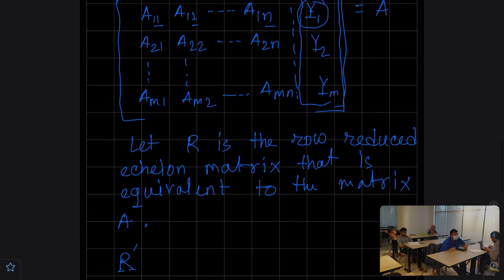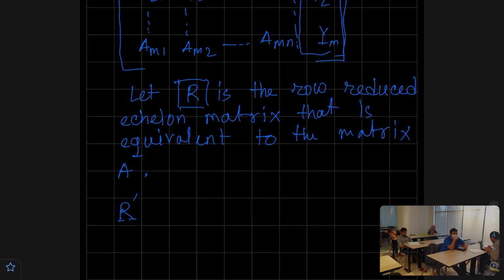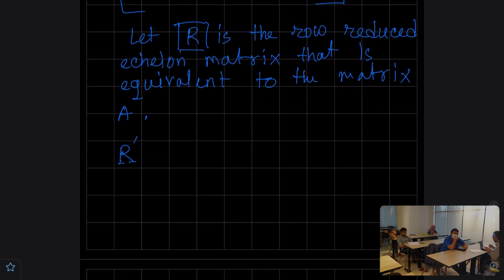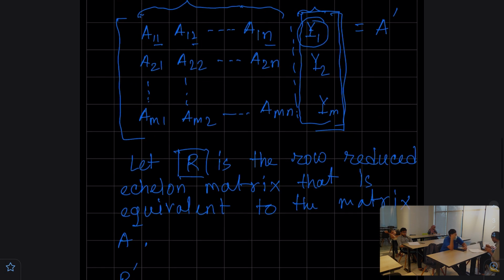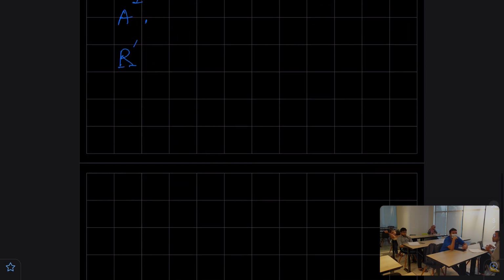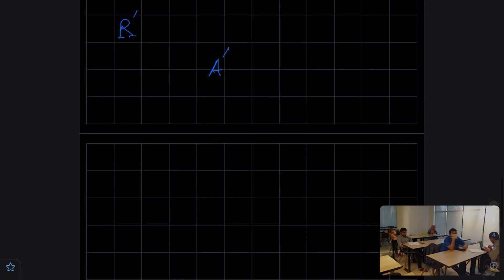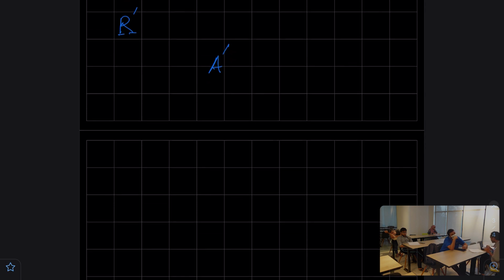Because I defined R as the row reduced echelon matrix that is equivalent to the matrix A. Then I perform the same EROs on this column, and that means I am actually applying these EROs on this matrix A prime.